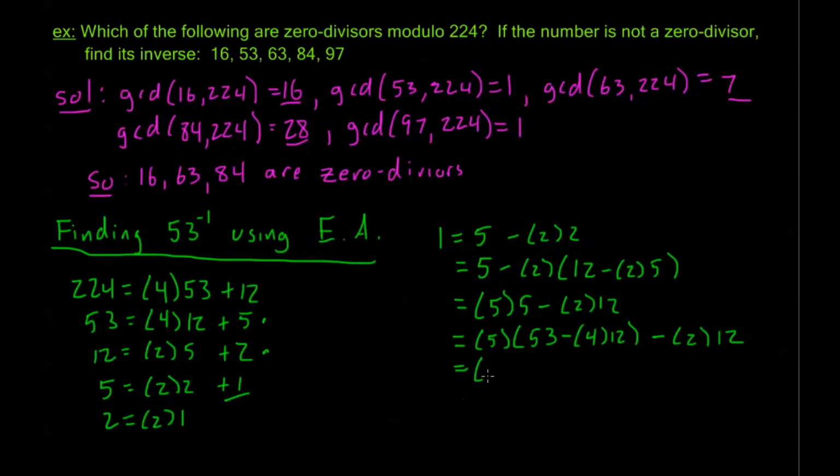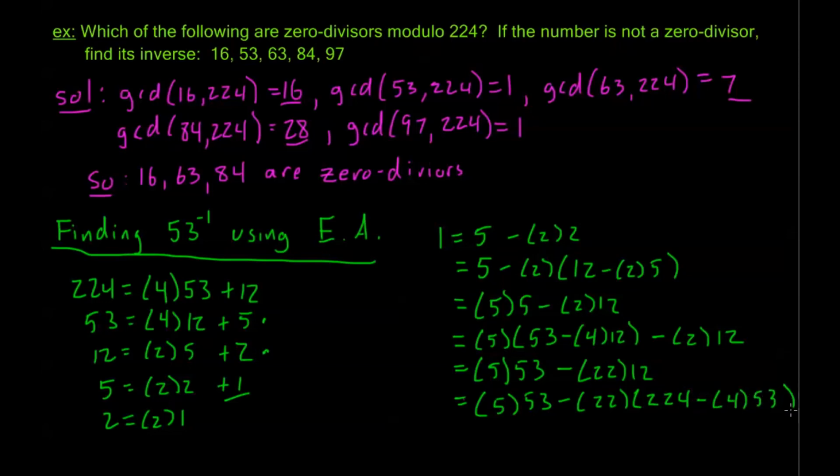So this gives me 5 times 53. And looking at my 12s, I have negative 20 minus 2. So this is minus 22 times 12. Now my last substitution for 12: 5 times 53 minus 22 times 12, and 12 is equal to 224 minus 4 times 53.